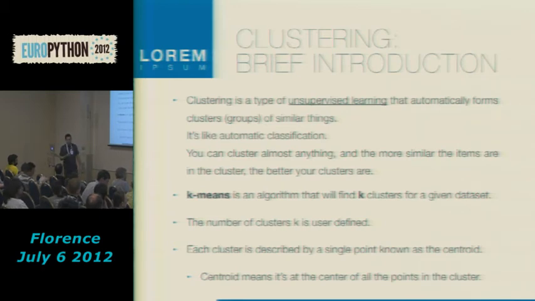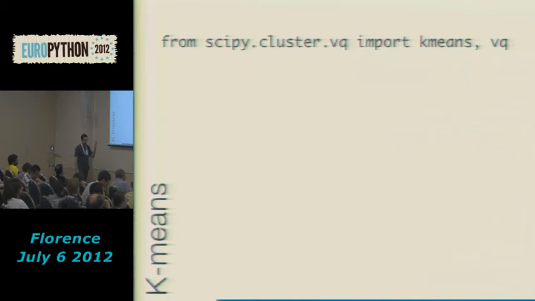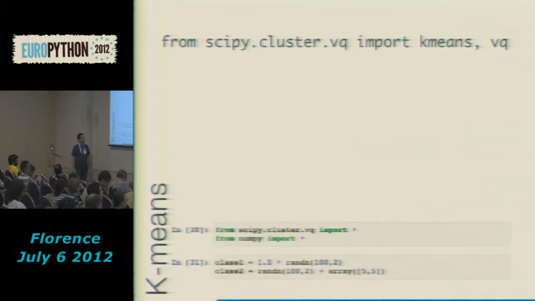So k-means, as we expected, is offered already built-in in the SciPy library. In particular, there is a module called cluster that contains k-means, for instance, in two different implementations, and other clustering algorithms as well. So let's do a brief example on how to deal with clustering included in SciPy.